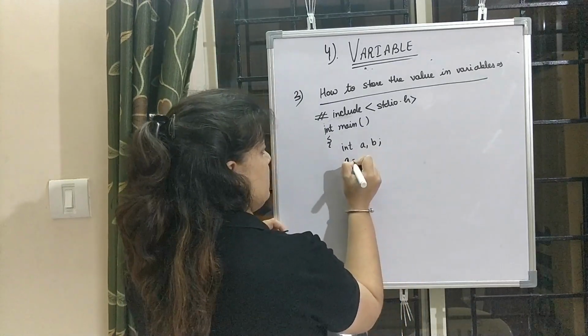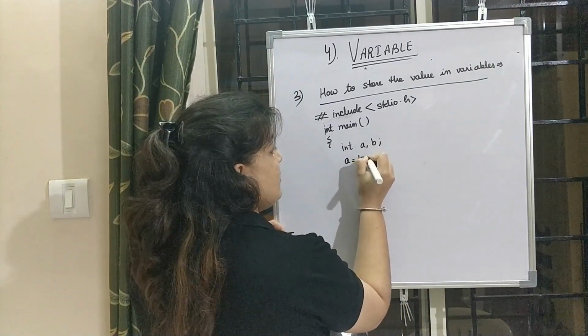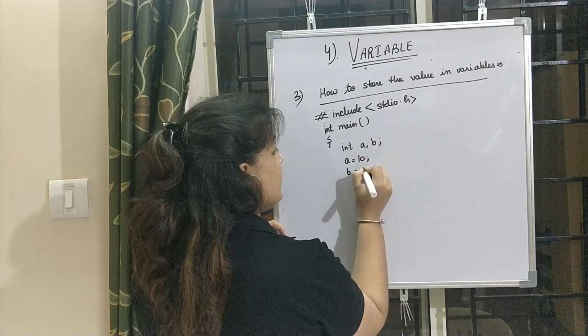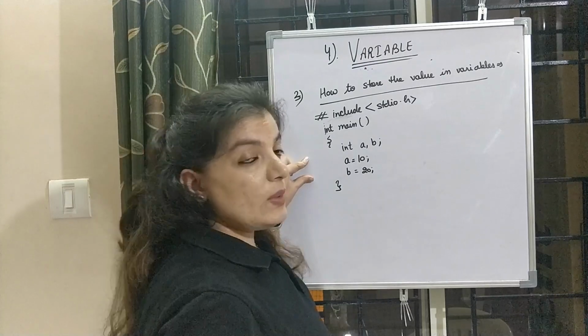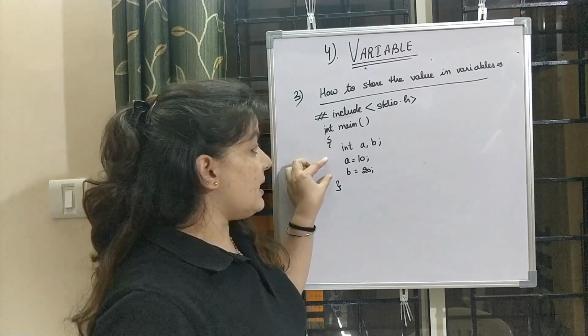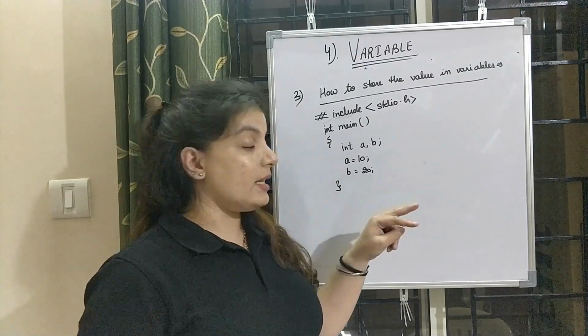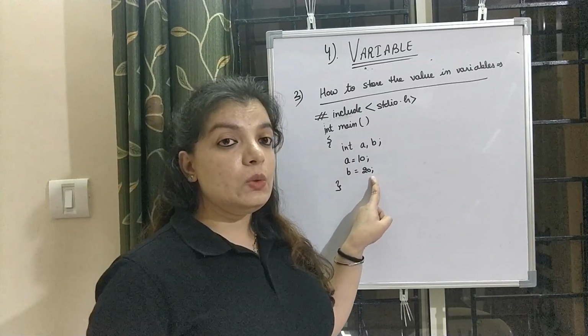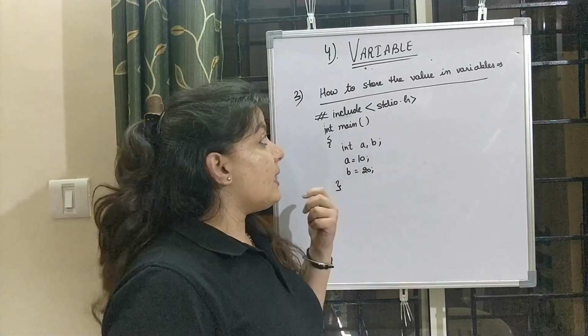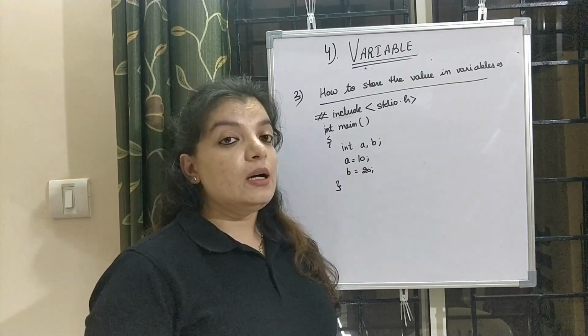Now I need to write A value is 10 and B value is 20. So how do we store these values? Here you can see I have added two additional statements, that is A is equal to 10 and B is equal to 20. So what is the syntax to store the values in the variables?